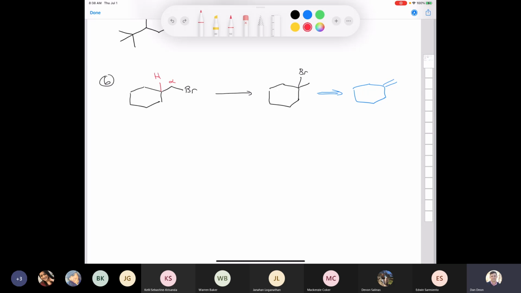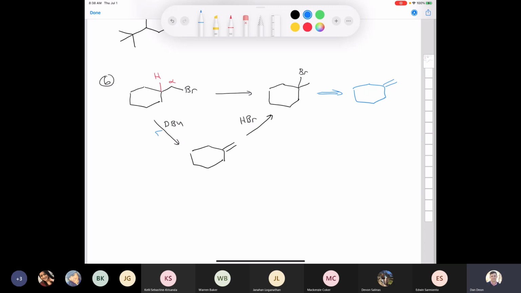If we want the E2 to predominate, we're going to have to use a strong, hindered base. So the best choice here would be something like DBU or DBN. You could use potassium t-butoxide as well because it's a hindered base, but I'm going to use DBU. It doesn't get a lot of love in this class, so we'll use DBU, and that's going to give us this, and then we're just going to do a Markovnikov addition across that.